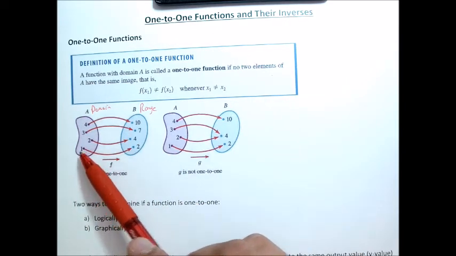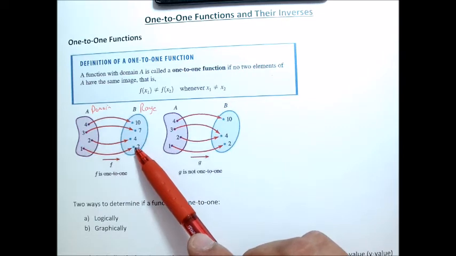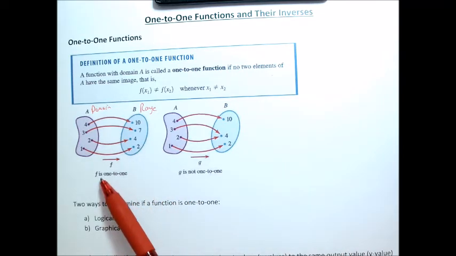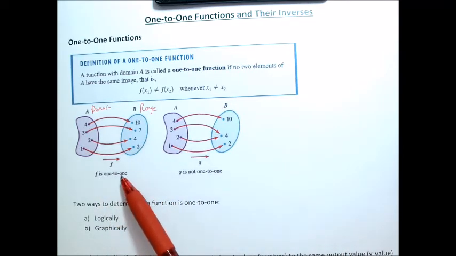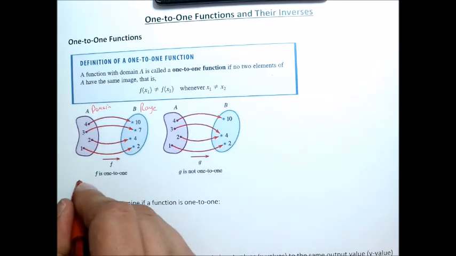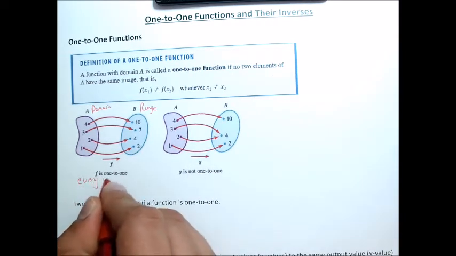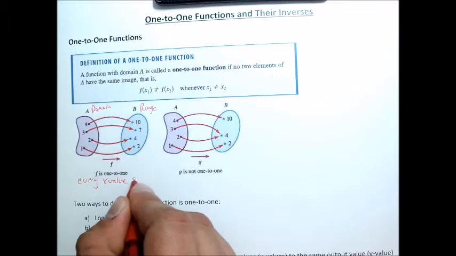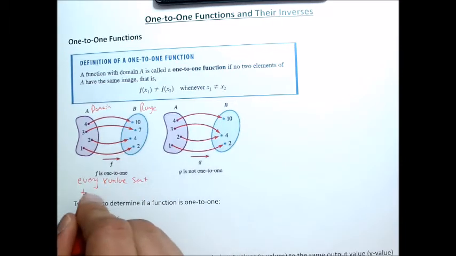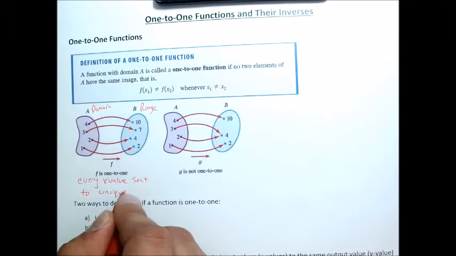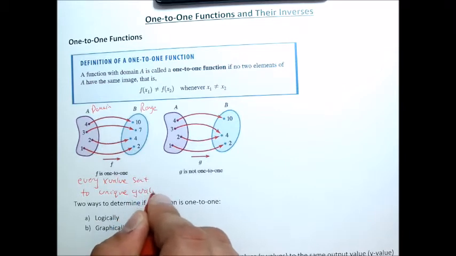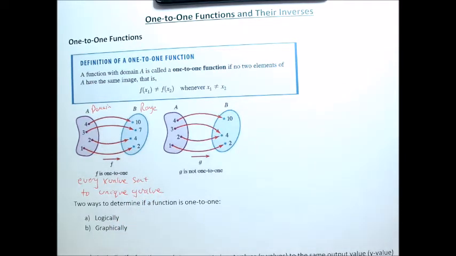Everything in the domain goes to one distinct thing in the range. And so that's why this graph is one-to-one, because every x value gets sent to a unique y value. That's what it means to be one-to-one.